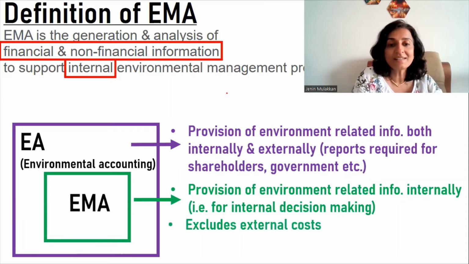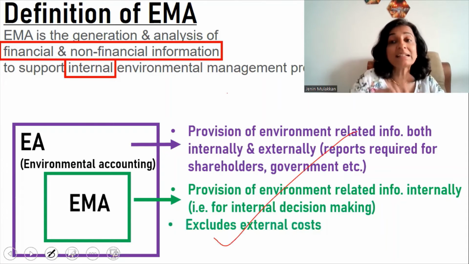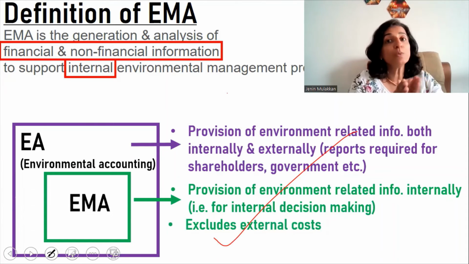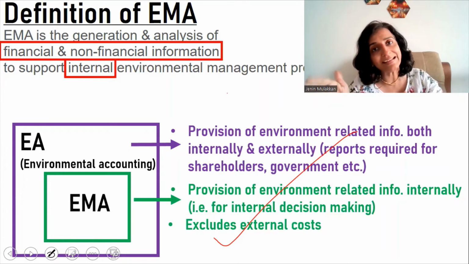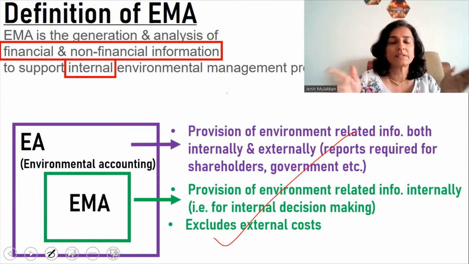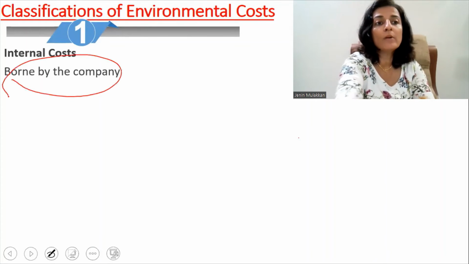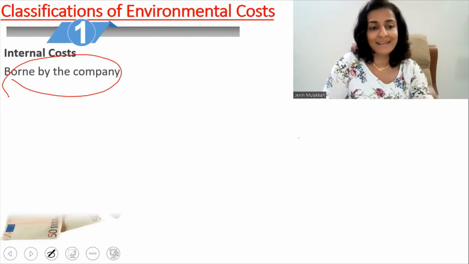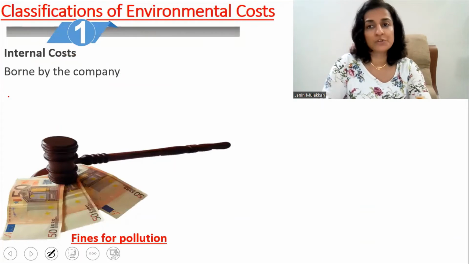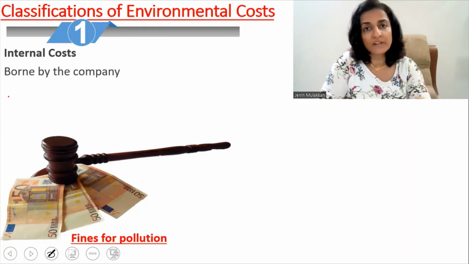Another point is, EMA excludes the external cost. So here you will have to understand the difference between the internal cost and the external cost. First, we will look into the internal cost. These are borne by the company. Example, fines for pollution. Physically, the cash is going out of the company. That is, the company is bearing those expenses.